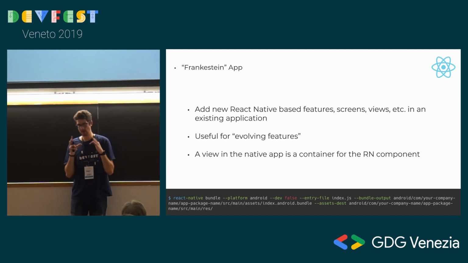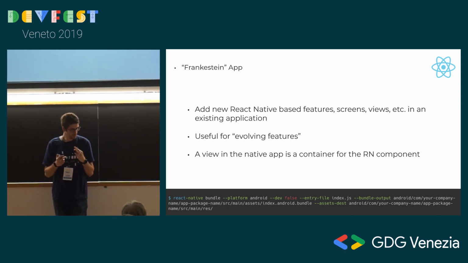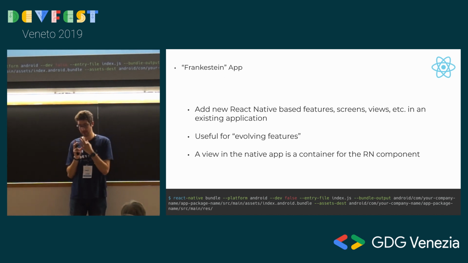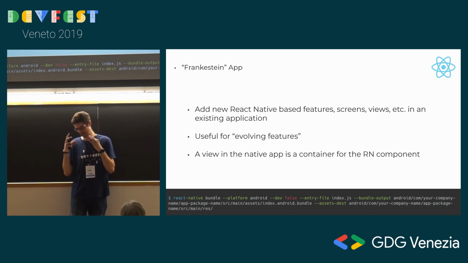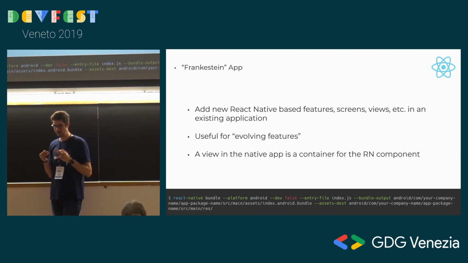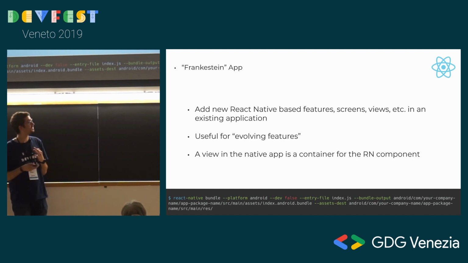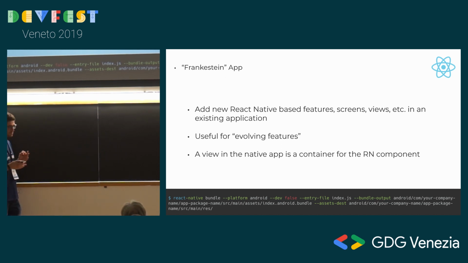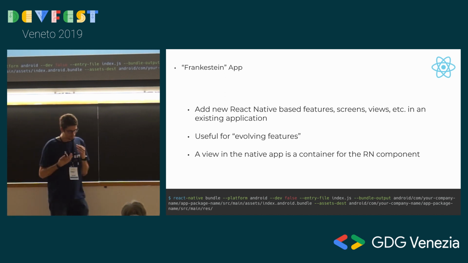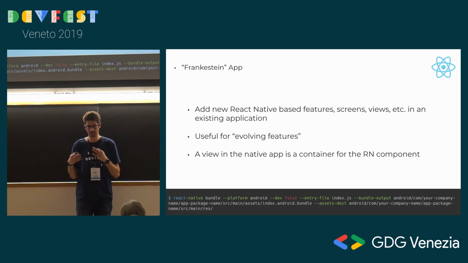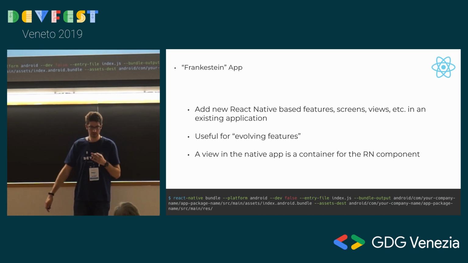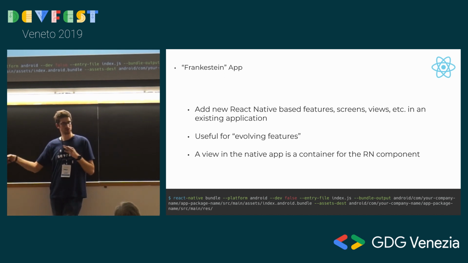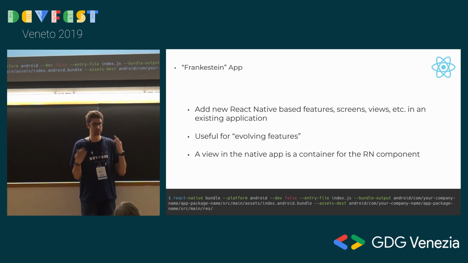So, for example, we have a native container that renders the JavaScript screen, and we have to generate a JavaScript bundle with this command. This can be useful for a kind of feature that maybe has to be iterated a lot, or a feature hidden below lots of paths in our application or stuff like that.